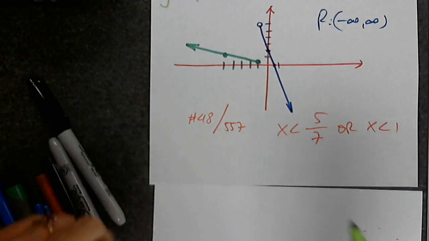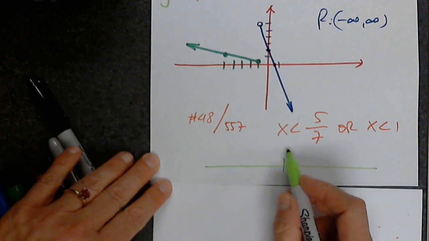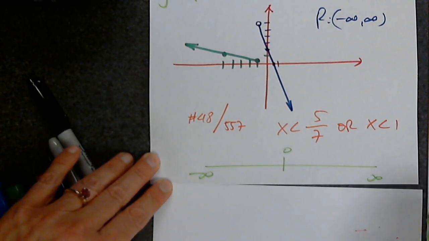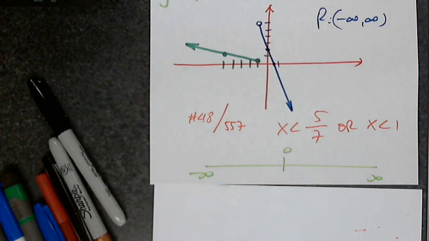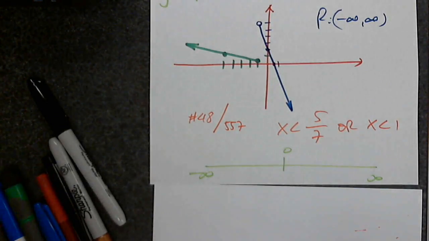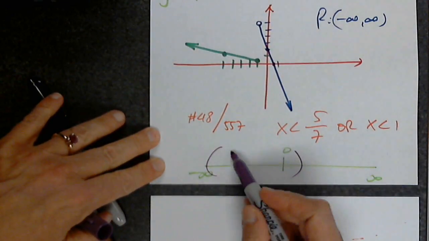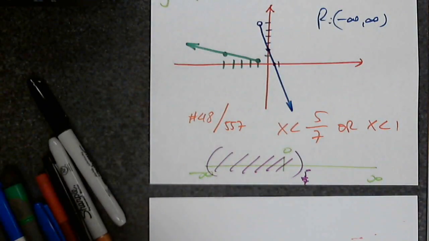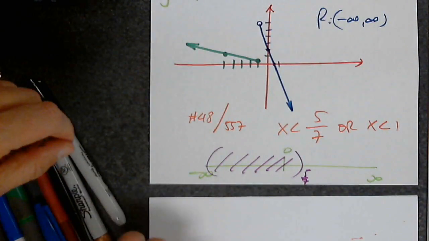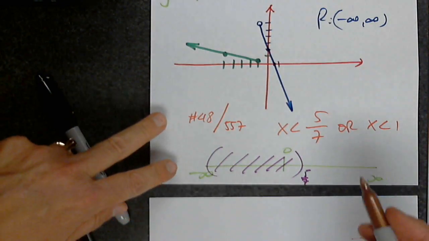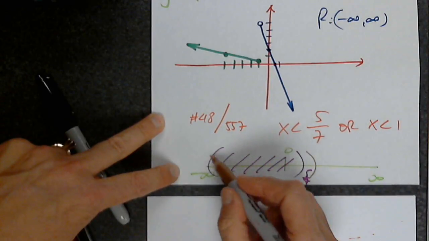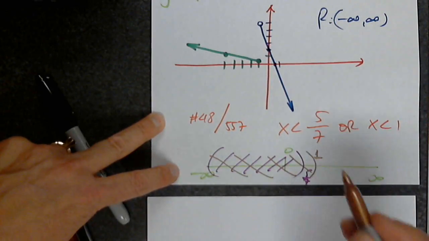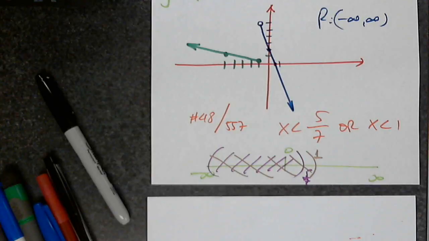But I have to graph, or I should graph. 0 in the middle, -infinity, infinity. 5/7 is a number less than 1. I don't really care how much. So it's this interval, 5/7. 1 is very close to it, to the left. And the interval to the left, I meant to say.